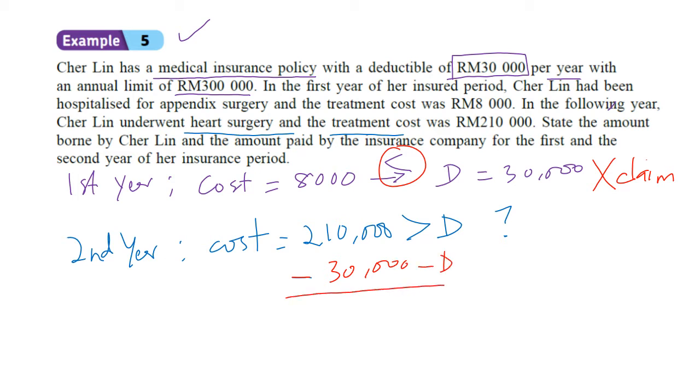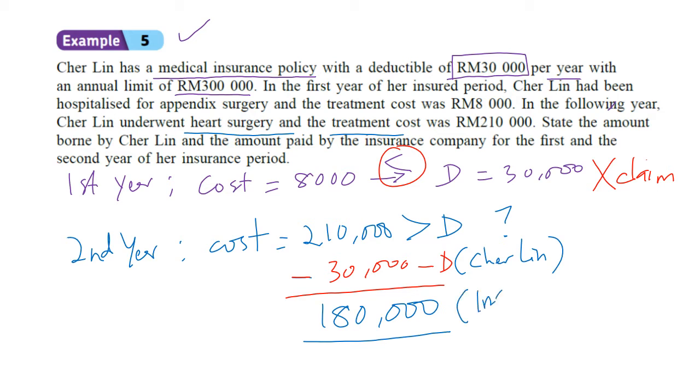When you minus, you'll get 180,000. So this one will be paid by the insurance company.